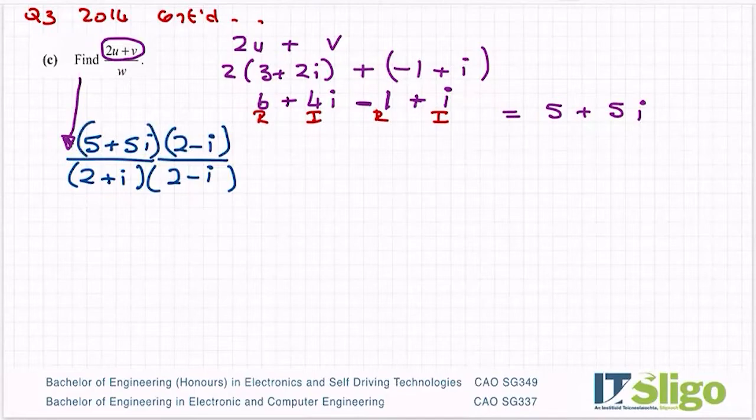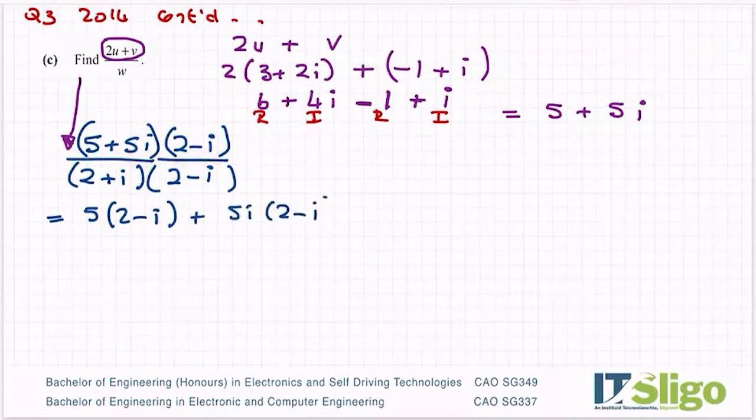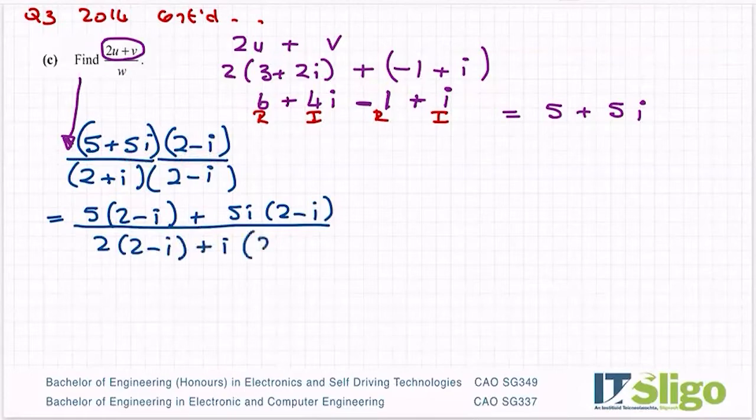Okay, so now this is multiplying because there's no signs in the middle. So it's 5 by everything in the second bracket, and the same as if I was to multiply x and y's in algebra, 5i by everything in the second bracket, over 2 by everything in the second bracket plus i by everything in the second bracket.